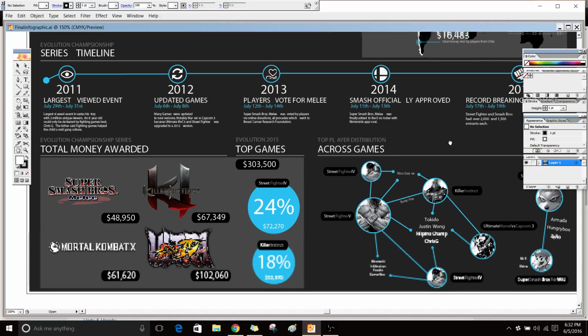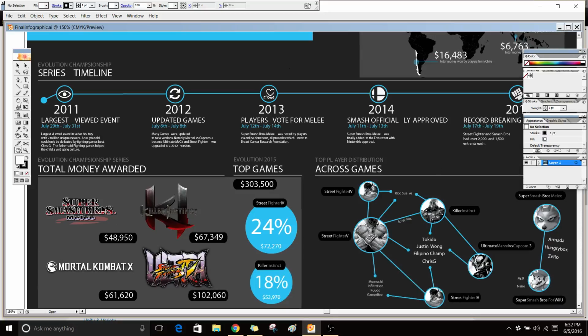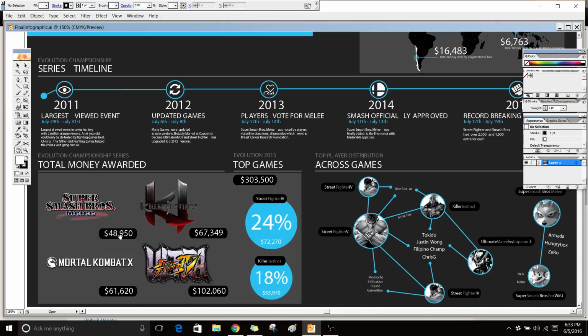We can move on to the numbers display down here. Evolution Championship Series, total money awarded. So what this is trying to show is that for this game, for example, Super Smash Bros. Melee, the total amount of money that this game has given out is $48,150. Ultra Street Fighter 4, or just Street Fighter in general, has given out $102,060.